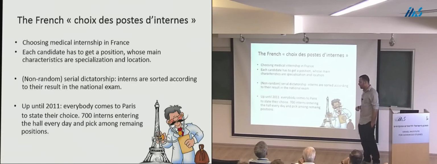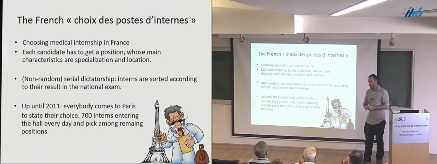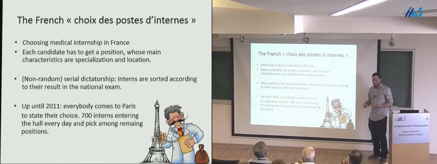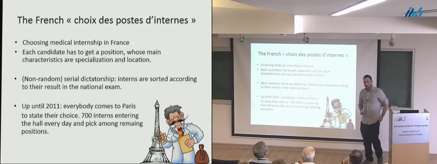And how do you do that? So up until 2011, everybody just came to Paris from all over France to a giant hall with a giant screen, and the giant screen would show you the positions that are still left, and everybody would just go in, say, oh, those are the positions that are still left, I'm picking that one, and then he would go back to Normandy or wherever he came from, and the next guy would come in and choose from the positions that are left.